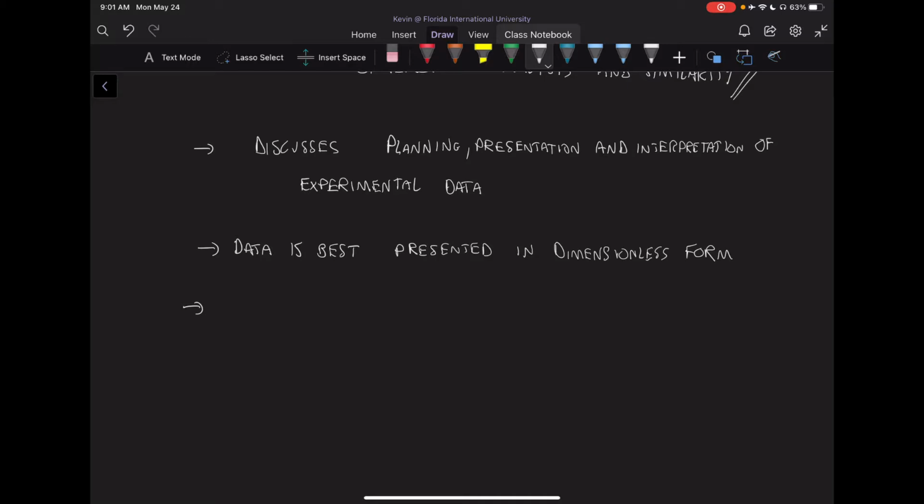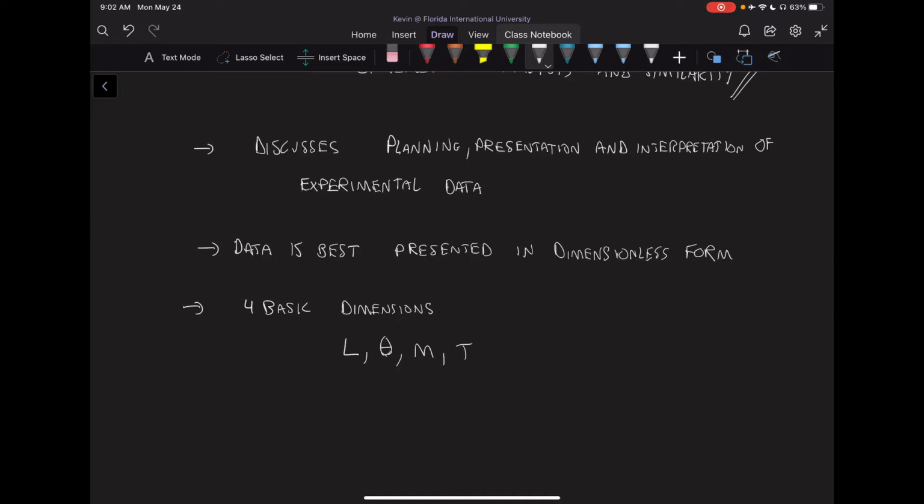We're going to be using 4 basic dimensions. And those 4 basic dimensions are L, theta, M, and T.